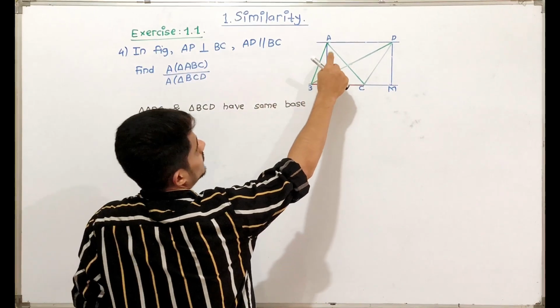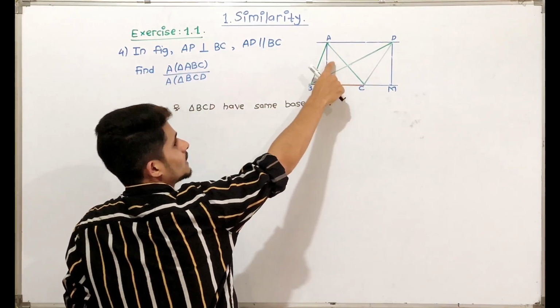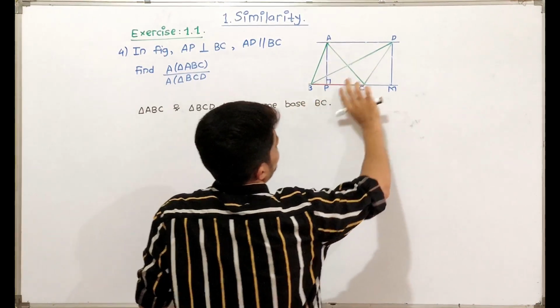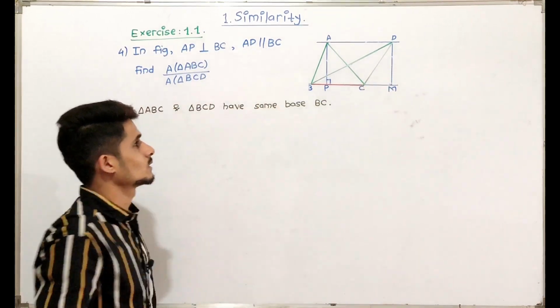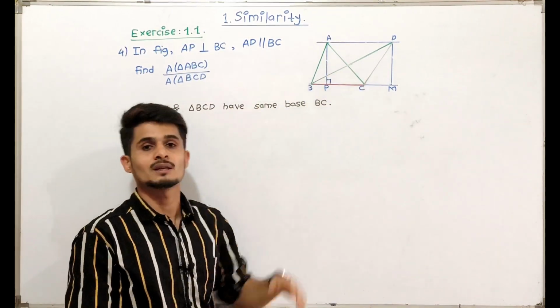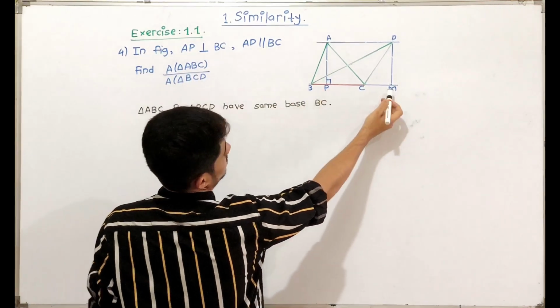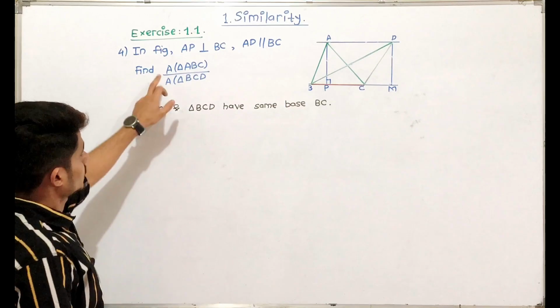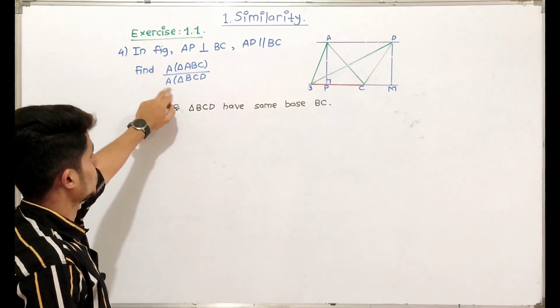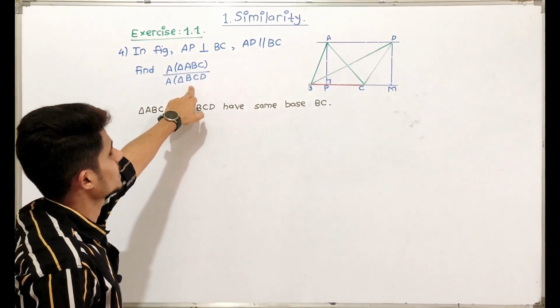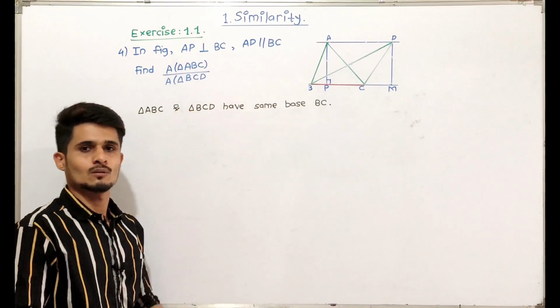So height of triangle ABC will be equal to the height of triangle BDC. So height will be common in both the triangles. Base is common, height is common. So the area of triangle ABC upon area of triangle BCD will be equal to 1.